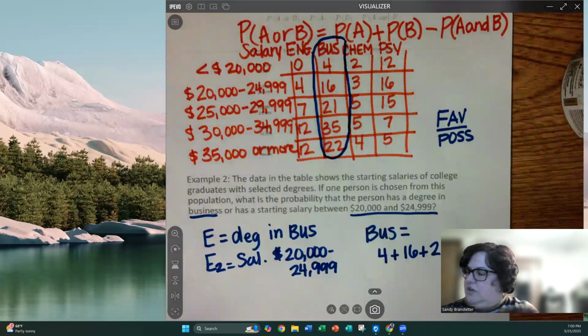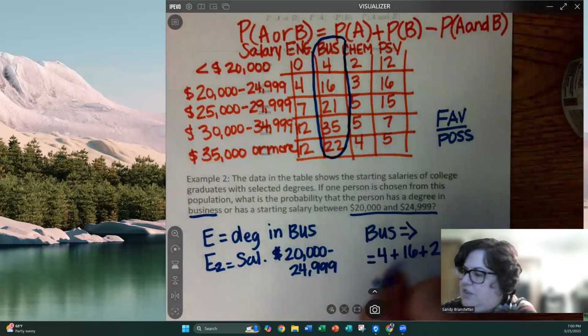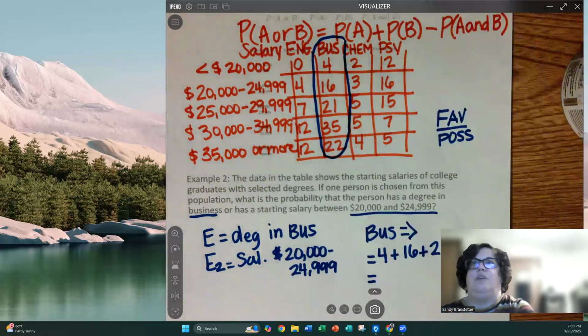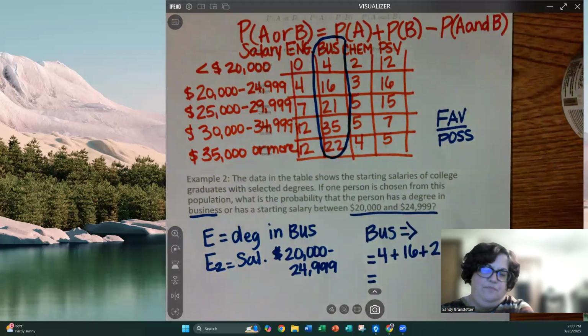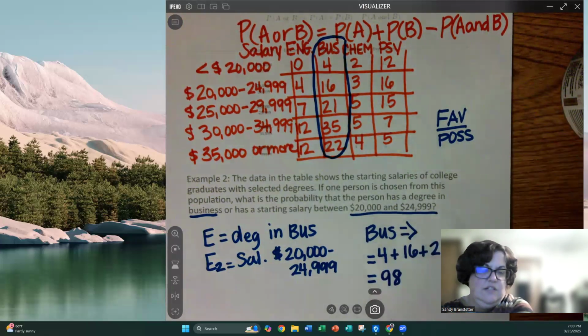So grab your calculator and go ahead and come up with that total number. Hopefully you get an answer of 98.